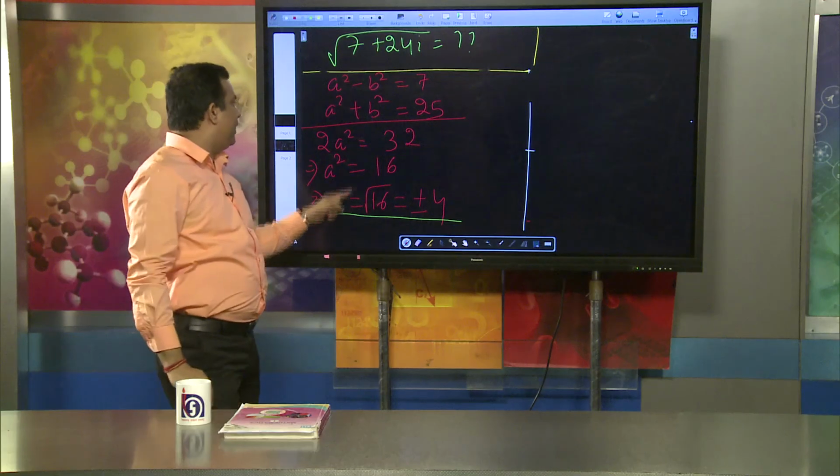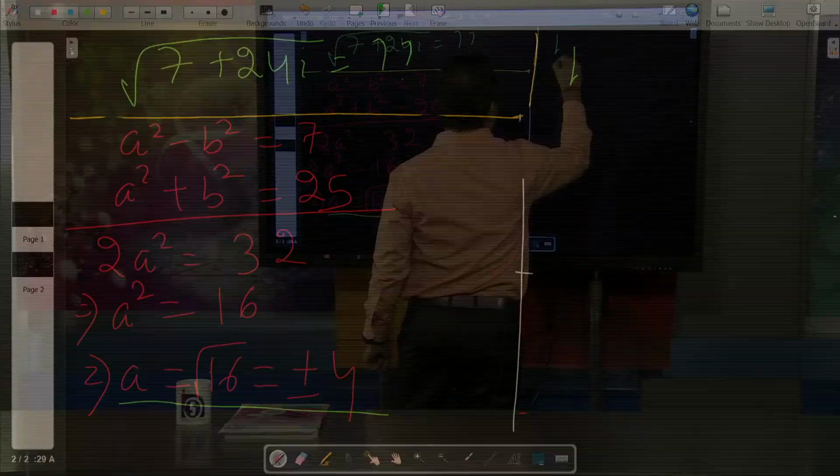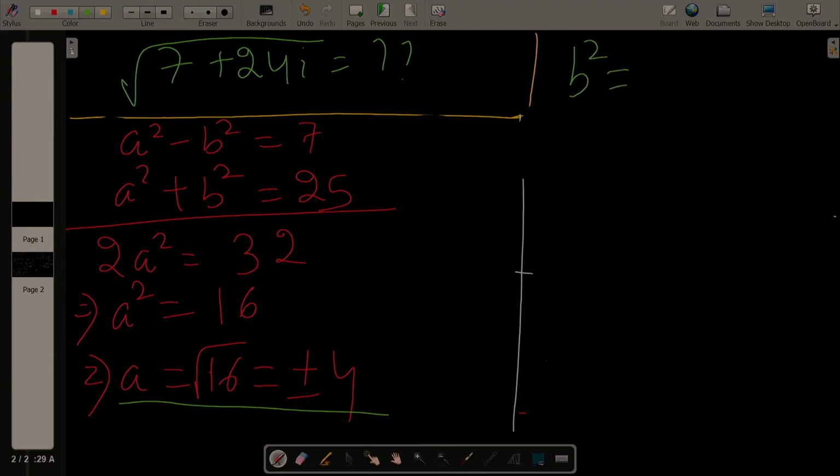When we put the value of a in equation 2, you will find that b square equals 25 minus 16, which is 9. Okay. Now, the value of b equals plus minus 3.